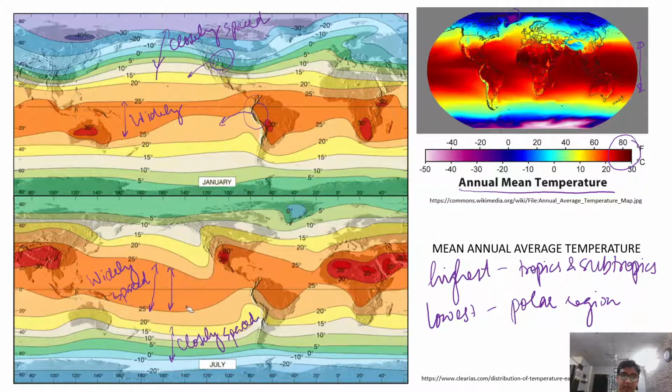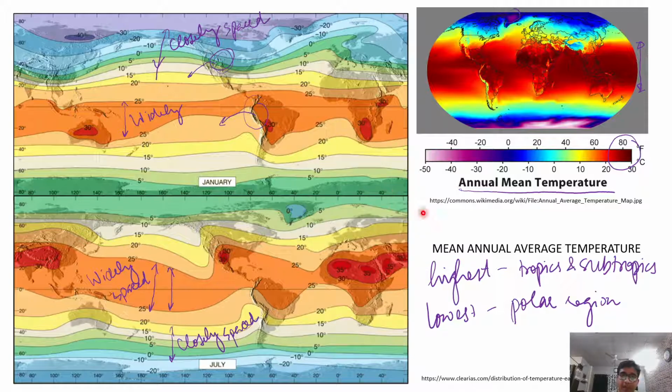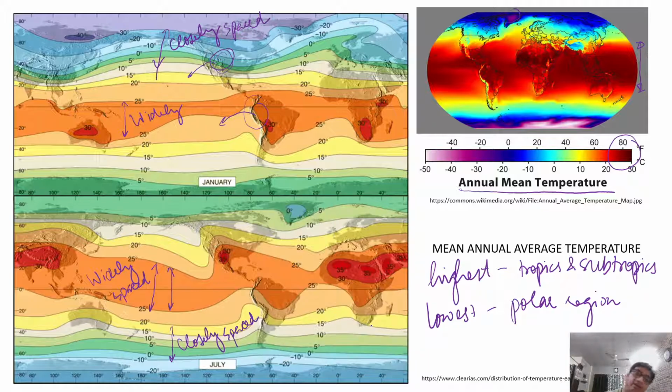If you see here carefully, this portion where this laser pointer is, is the western margin of North America, or the eastern margin of the Pacific Ocean. Now there is one cold current which flows here, and the name of this current is the California current. It is a cold current.